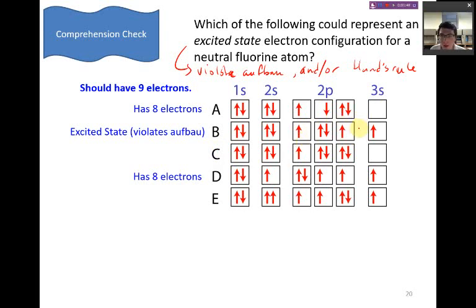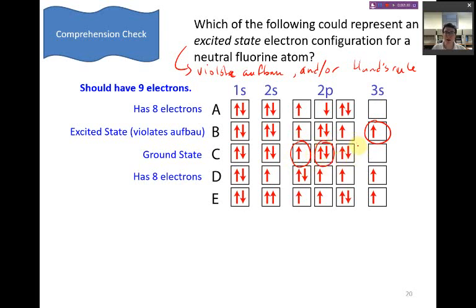And we can tell because this electron here is in the 3s orbital when there's still unoccupied orbitals in a lower electron subshell. C represents the ground state, and that's because it has electrons all in the lowest occupied subshells. Now you might ask, how could this be the ground state when this has an opening but these ones are filled?